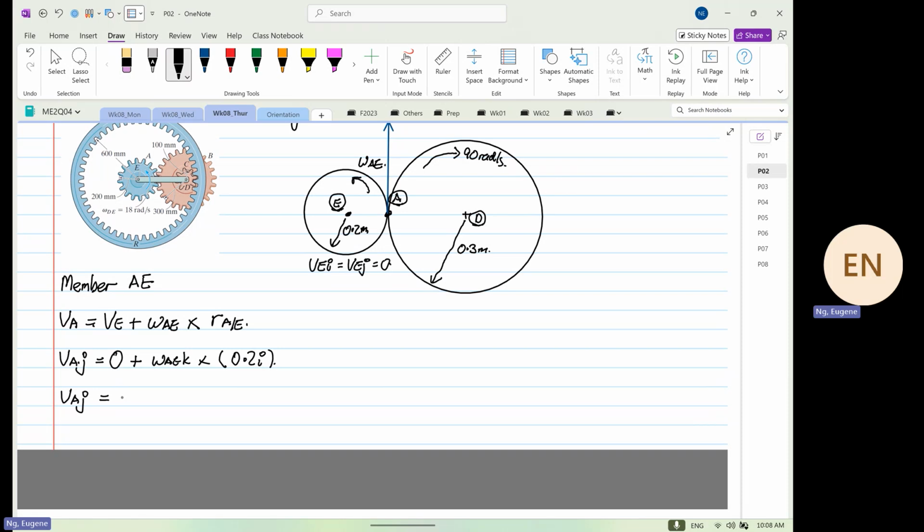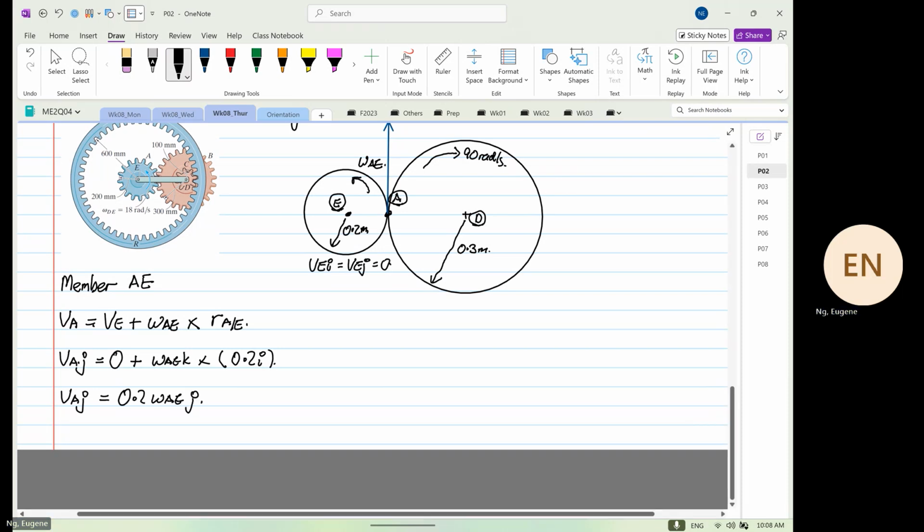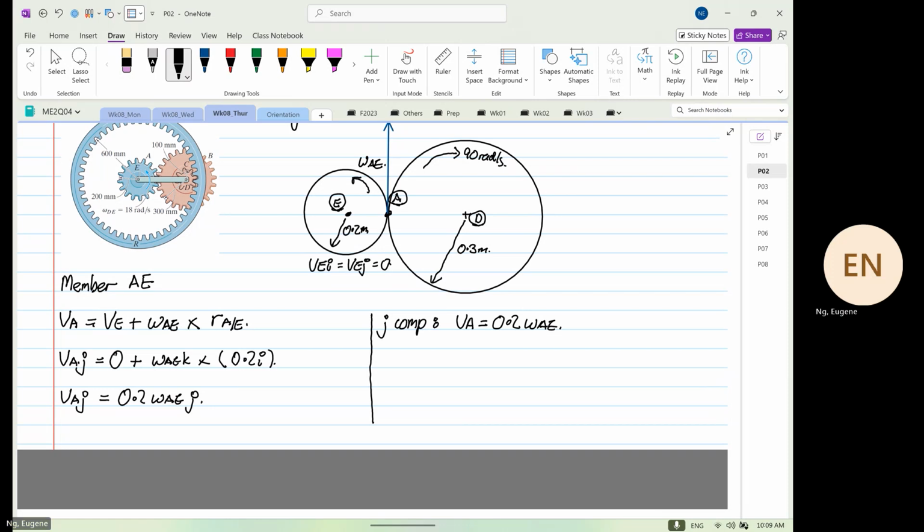So it's 0.2 omega AE J. From here, based on the J component, we have found that VA is equal to 0.2 omega AE. Now we have to find what our VA is.